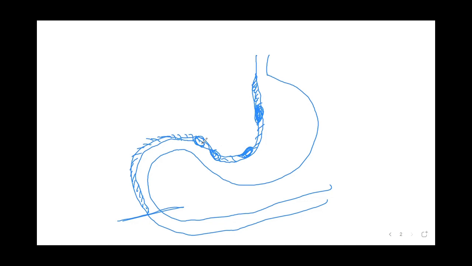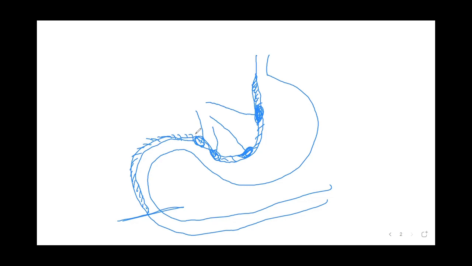Rather, they have end arteries from outside the stomach. And end arteries are terminally blind, not anastomosing even with adjacent vessels.